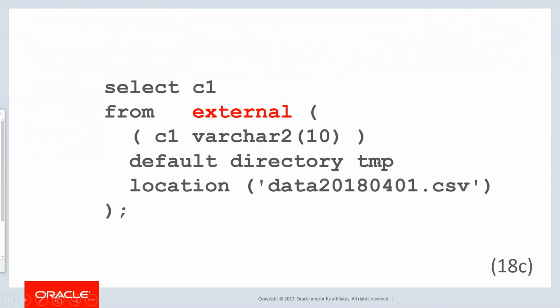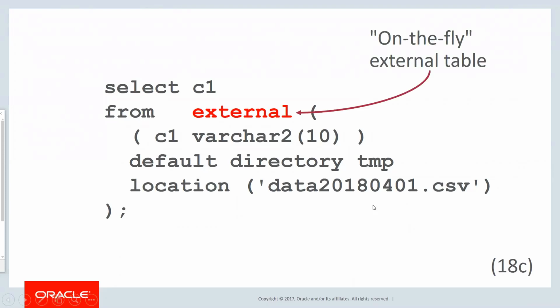The minimum you need is the directory and the file location, but you can do all sorts of things like change the access parameters and so on. Like I say, it's not a table that exists anywhere in your database. It's just for your query, and then it reads the data and does whatever it is you want to do with it. So this can get around that problem where you're not allowed to create tables and so on.